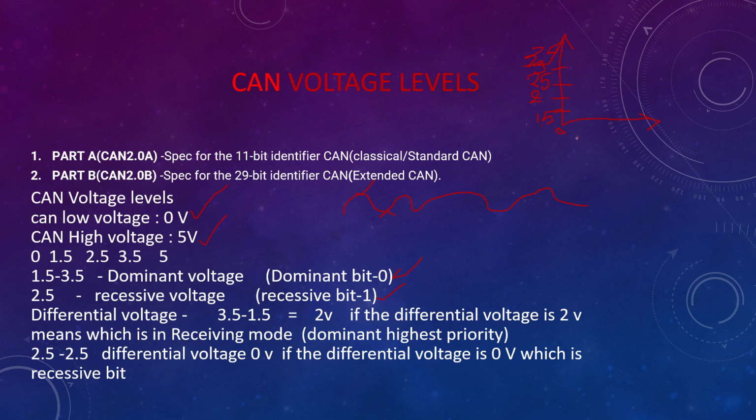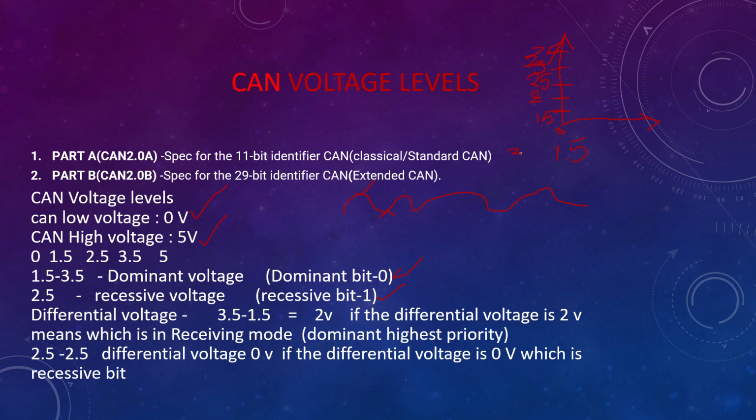So here we can calculate the voltage. The dominant voltage is between 0 and 3.5. The calculation of the dominant voltage is from 1.5 to 3.5, right?